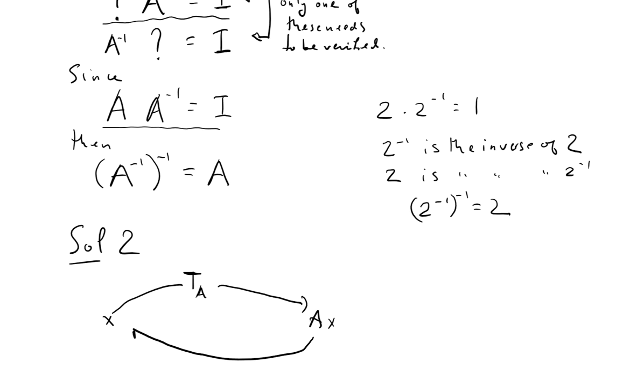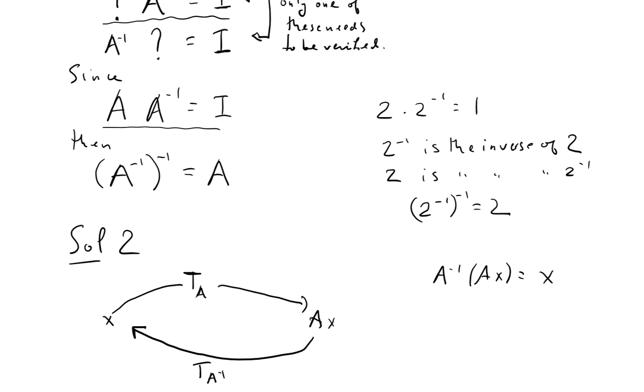The inverse transformation that takes me back to X is T A inverse. In other words, if I apply A inverse to AX, I'm going to get back X again. So this just says A inverse times AX equals X again.